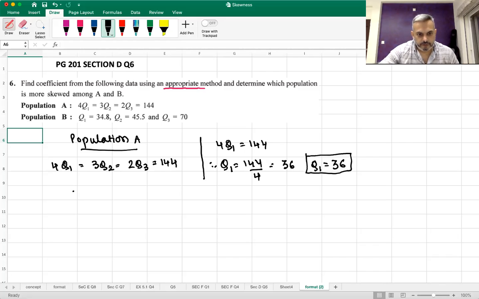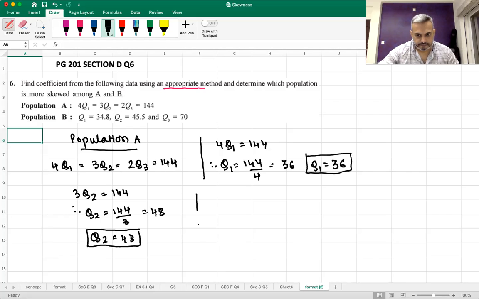Then 3Q2 is equal to 144. So therefore Q2 is equal to 144 divided by 3, which is equal to 48. So Q2 is equal to 48. Q3, 2Q3 is equal to 144.